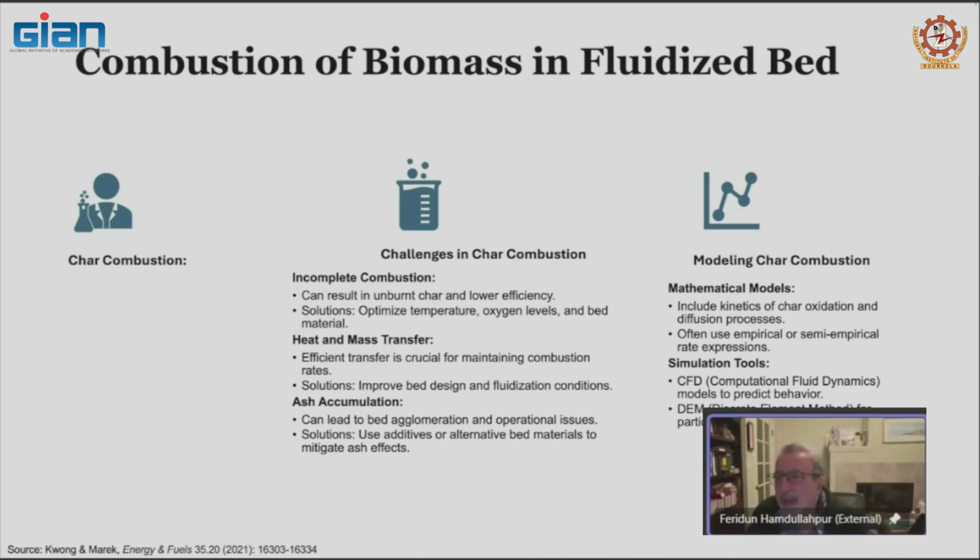Very good. Overall, yes, there is a ratio, and when we calculate the overall efficiency of the plant, all the auxiliary powers are incorporated into it.